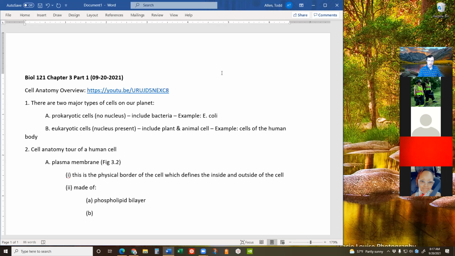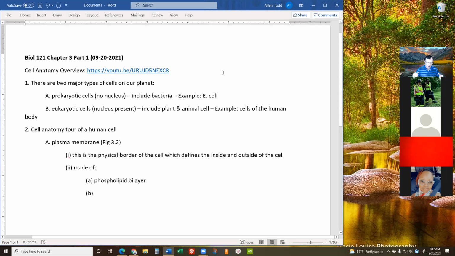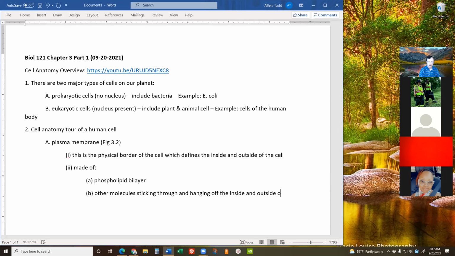and it's made of additional molecules that are actually interacting with the phospholipid bilayer in some way. As you look across the image in figure 3.2, do you not in fact see these purple structures, which are different kinds of proteins, right? So there's other molecules sticking through and hanging off the inside and outside of the phospholipid bilayer.